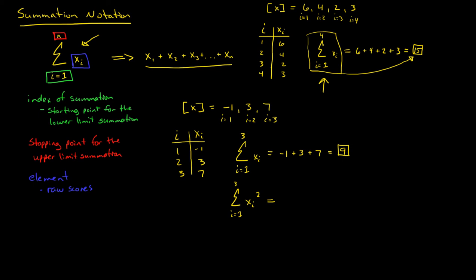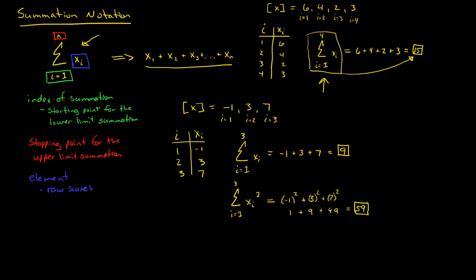Now this means taking -1, squaring it, then adding it to +3 and squaring it, and then adding it to 7 and squaring it. So -1 squared is 1, plus 3 squared is 9, plus 7 squared is 49. 1 plus 9 is 10. 10 plus 49 equals 59.